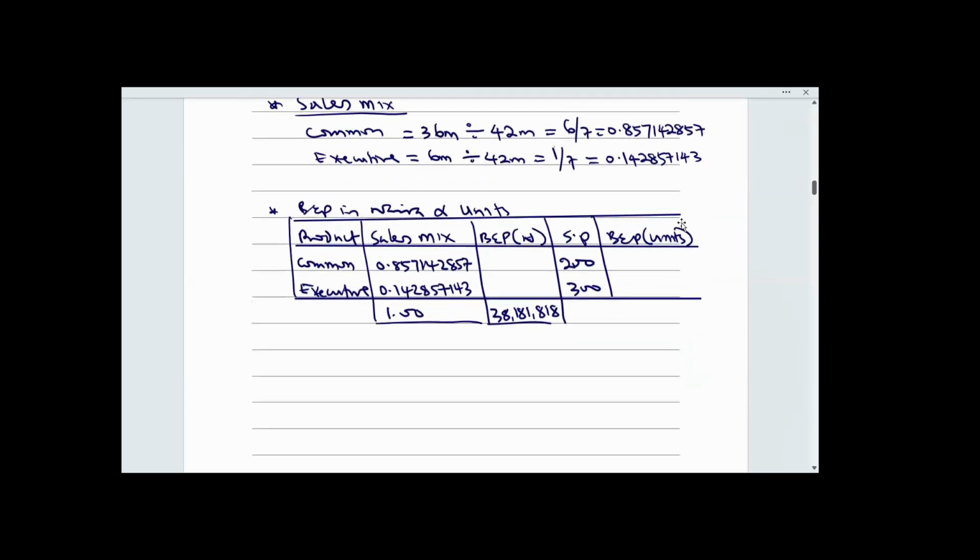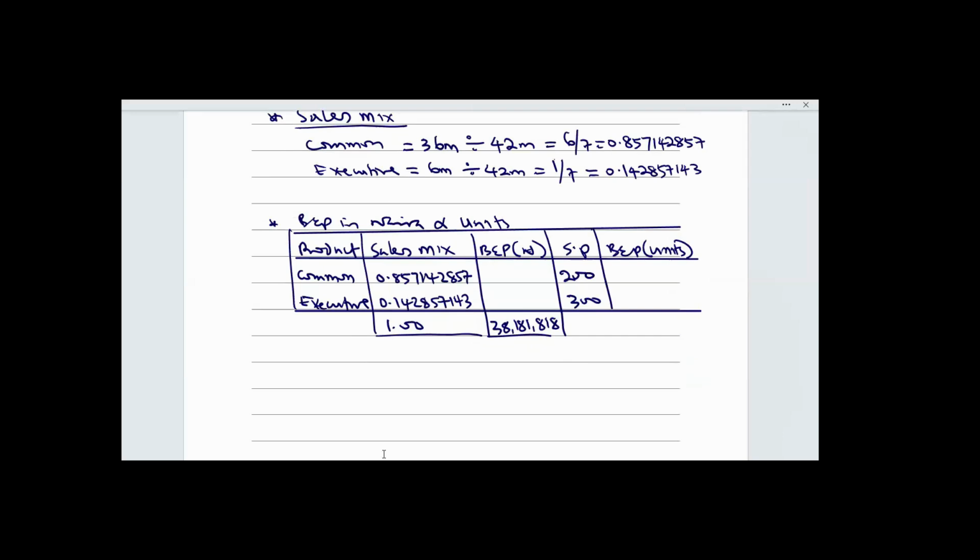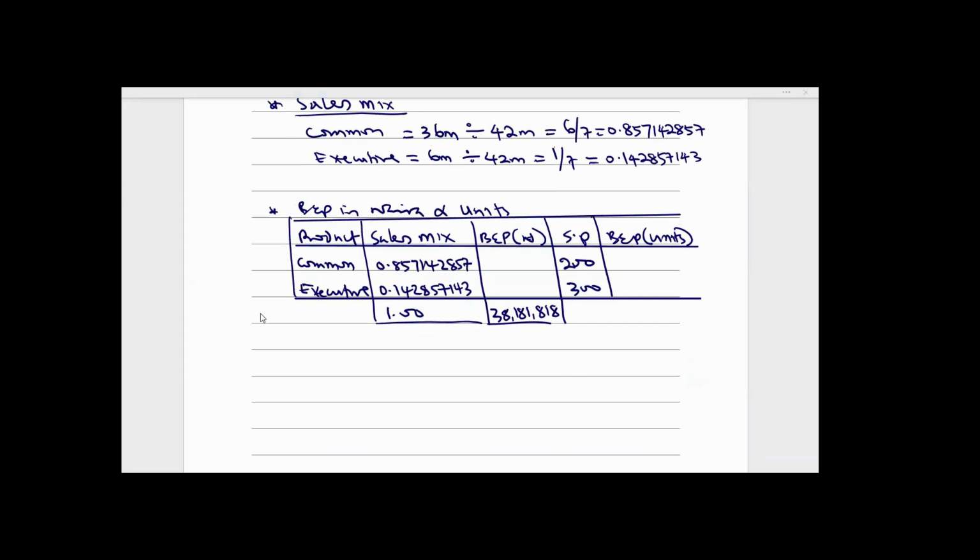Therefore, multiply the sales mix of common with 38,181,818. What do you get? For executive, 5 million, 454, 818.